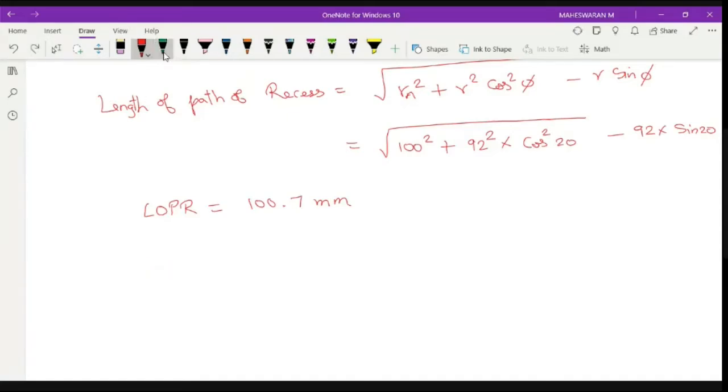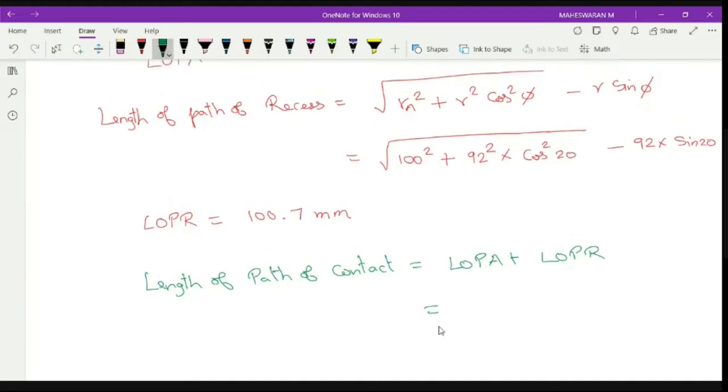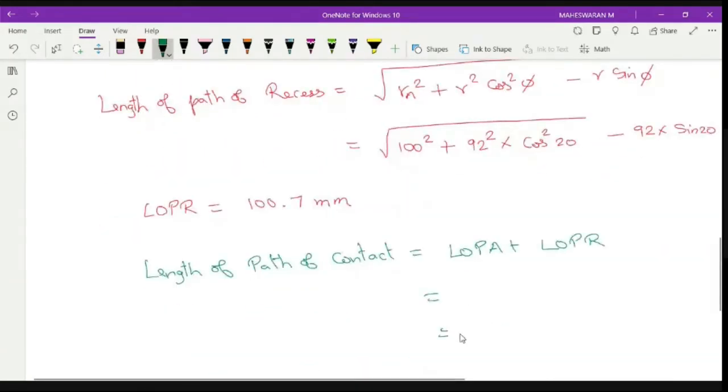So overall, your length of path of contact is 341.4743. It is the addition of these two, right? Yes, sir. LOPA plus LOPR. 341.4743, 474 mm.